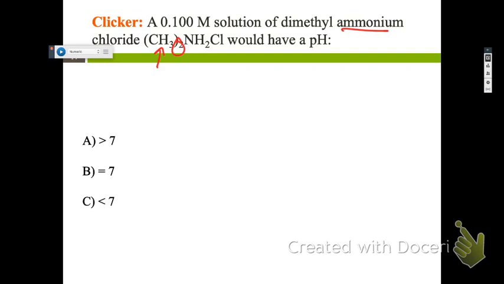Does the nitrogen have its lone pair? No. The ammonium has no lone pair. So it has a positive charge, but then it also is a salt. N with a positive charge has 2 hydrogens and a chloride. What's the pH going to be of that when it goes into water?